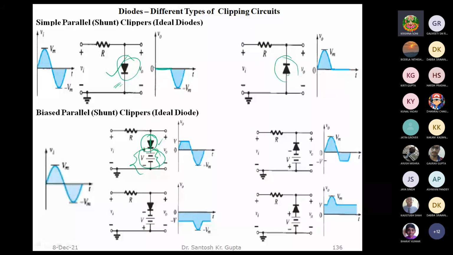When the diode is on, we are not getting a zero voltage, but a voltage equal to this DC source value. Whereas when the diode is off, this DC source has nothing to do with it, and the output is going to be equal to the input voltage.